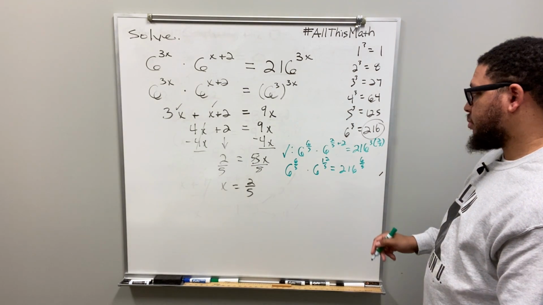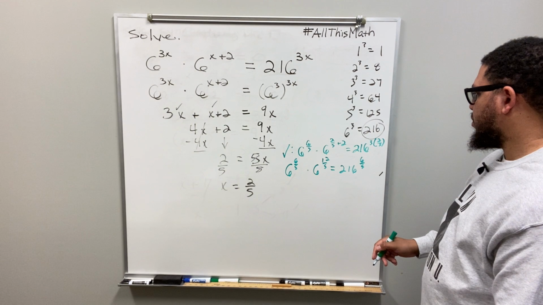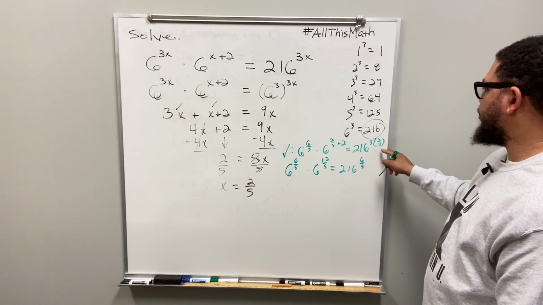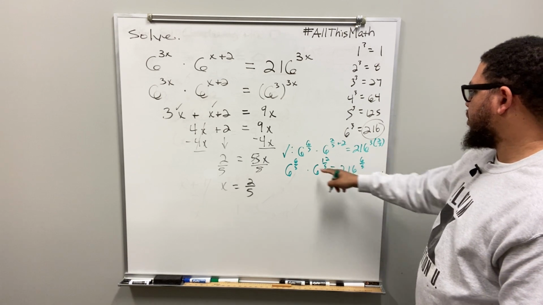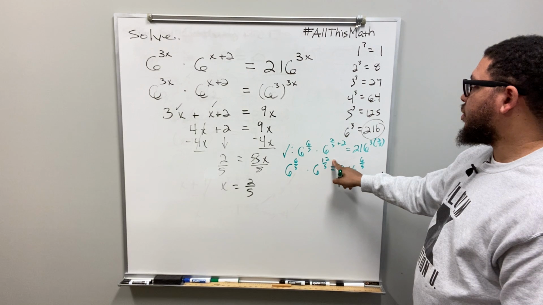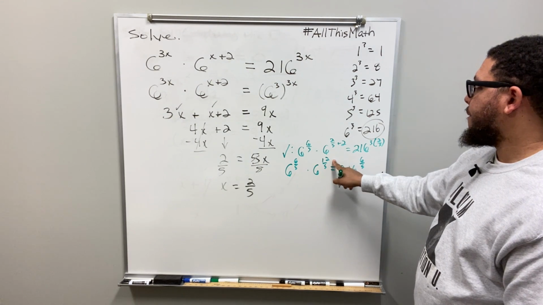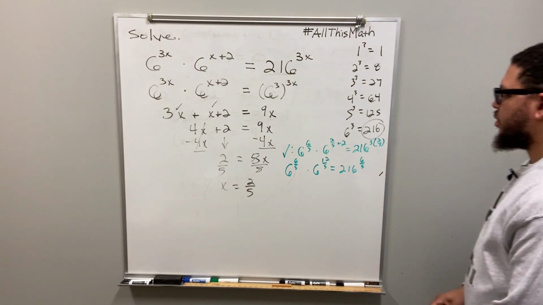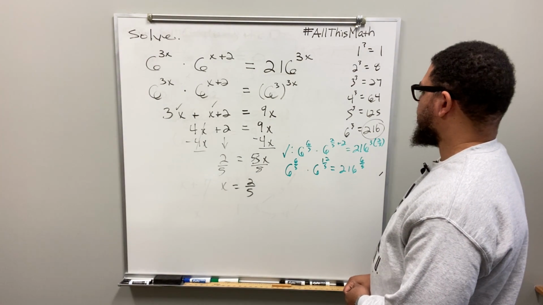Now, again, I should be able to do, wait, is this 3 times 2/5? 6/5. 6/5 plus 2. 3 times 6 to the 6. Oh, I forgot.